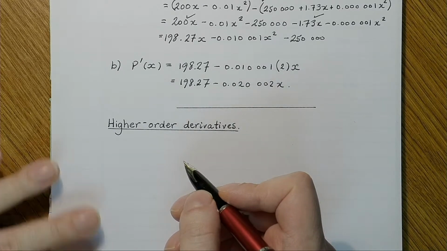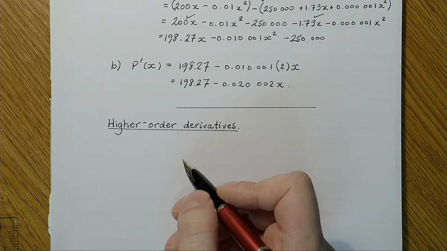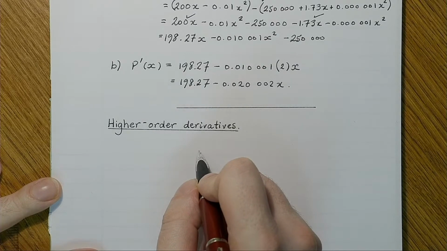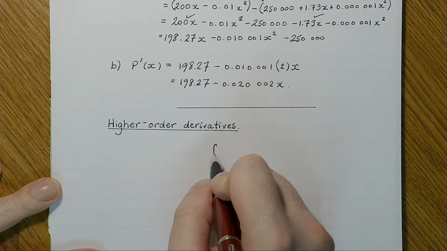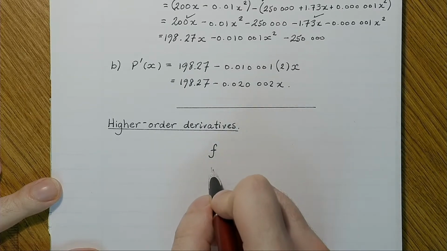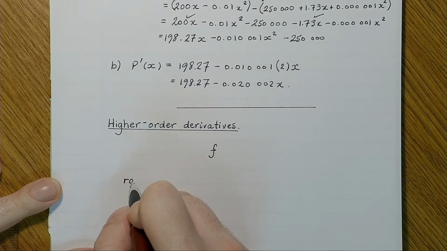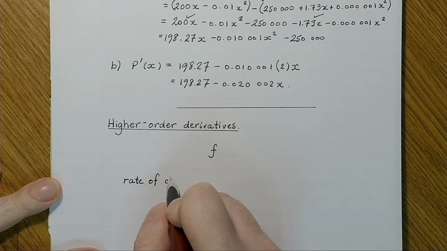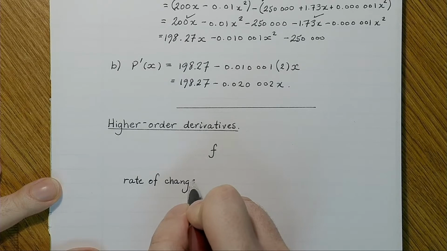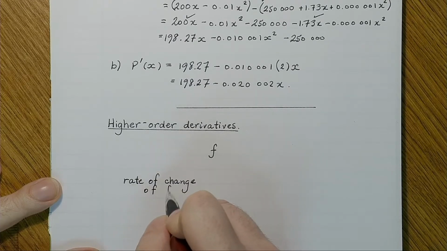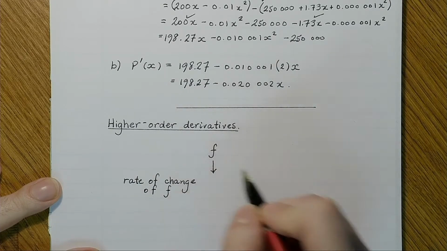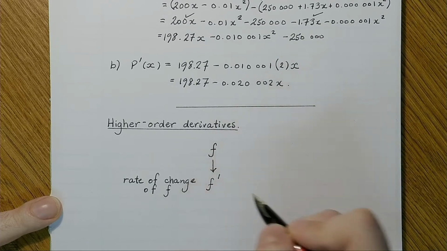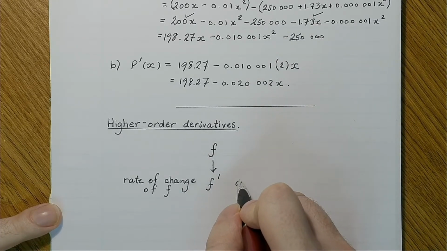Higher order derivatives is when, for instance, we have some sort of base function, say f, and if we wanted the rate of change of f, well, then that is f prime, or the derivative.